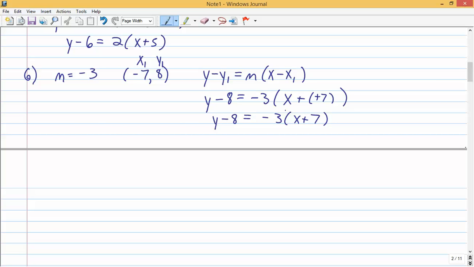Alright, but don't look down there because we want slope-intercept form. So multiply in your negative 3. So y minus 8 equals negative 3x minus 21. And then get your y by itself. Add 8 to both sides of the equation. Alright. So we get y equals negative 3x minus 13. That's the answer we're looking for.